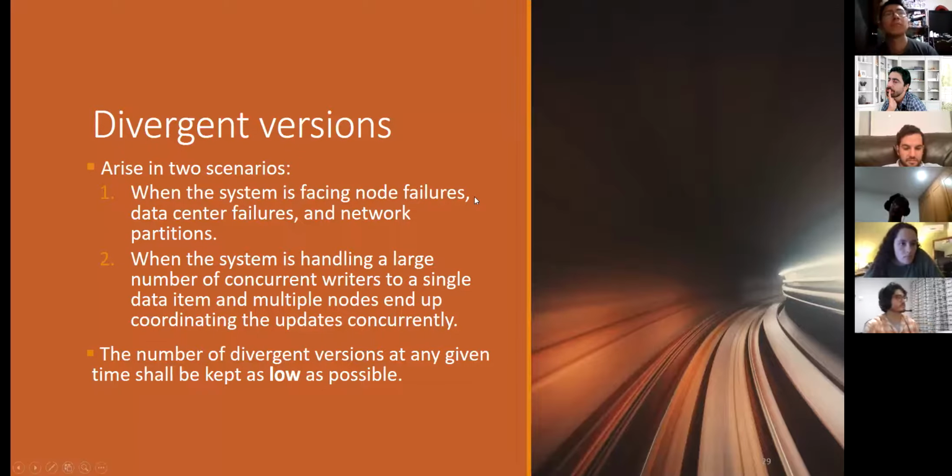Okay, so for these divergent versions, we have 2 scenarios, which is when the system is failing for any reason, or because it's facing a high demand of requests. In these cases, the system will start creating new branches for all the events, as we saw on the previous slides. And at some time, that will create new versions of the sessions and of the objects that it is handling.